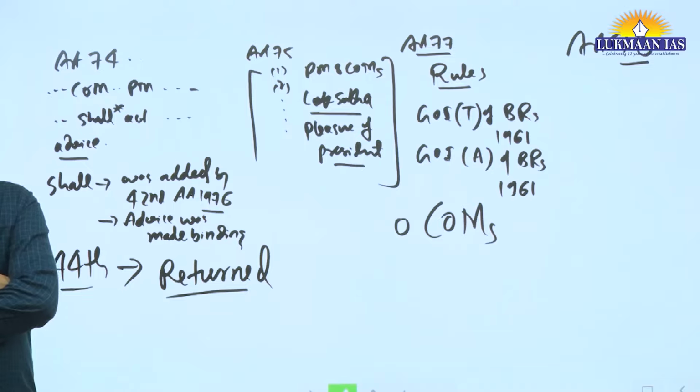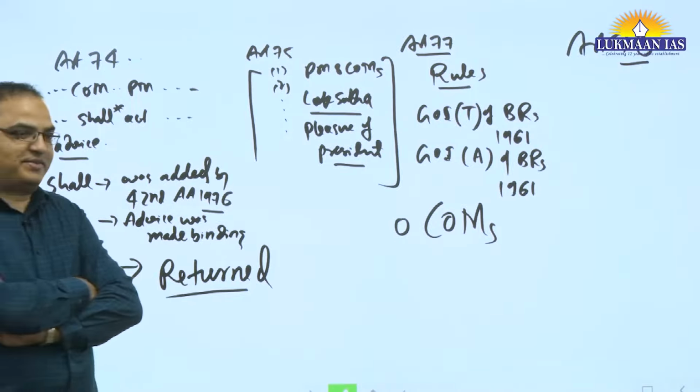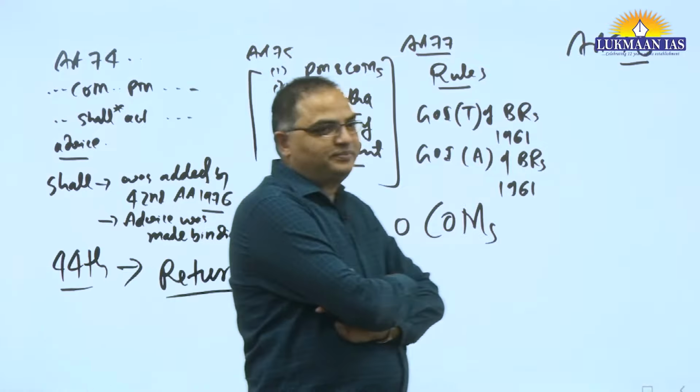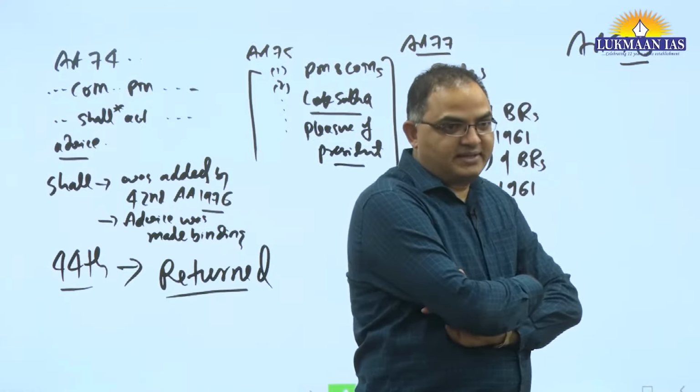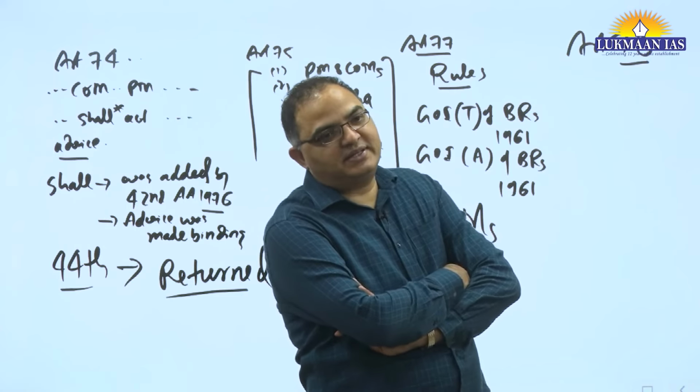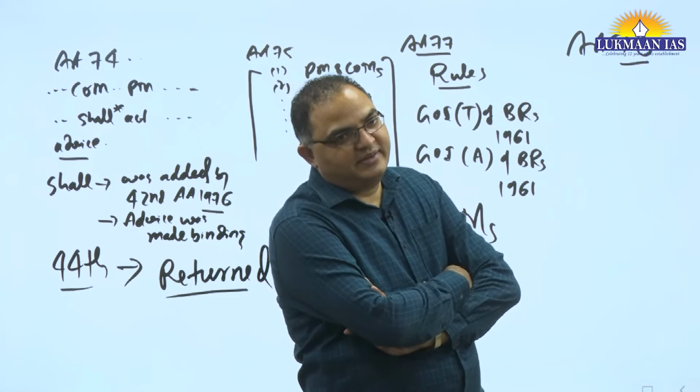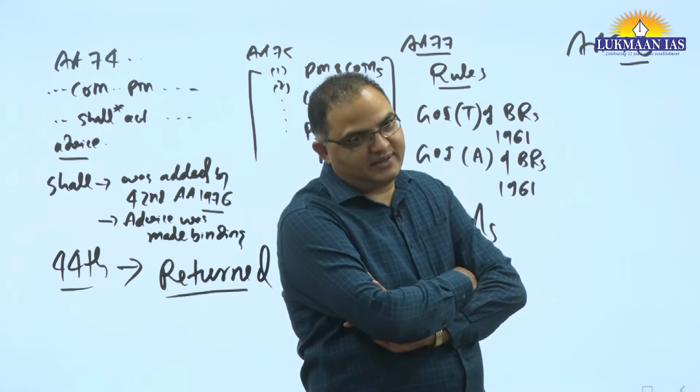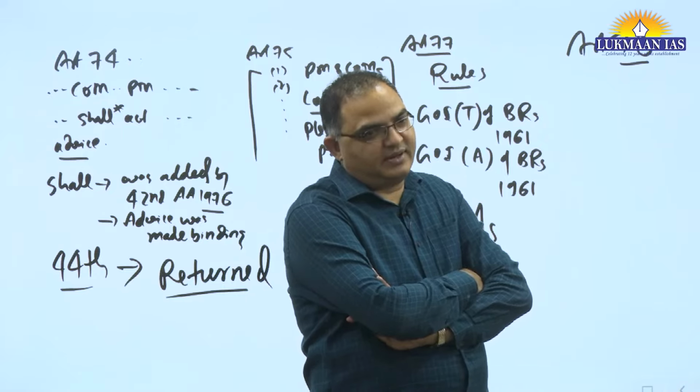We are talking about executive powers. You are talking about legislative powers. There is a difference. These are all executive powers. Veto power is a legislative power. Legislative powers we will deal with separately.